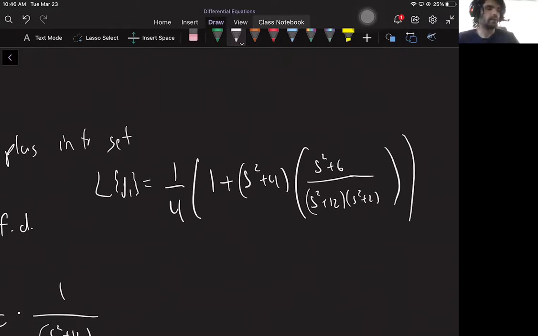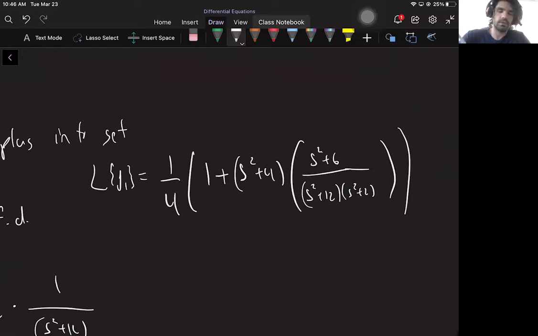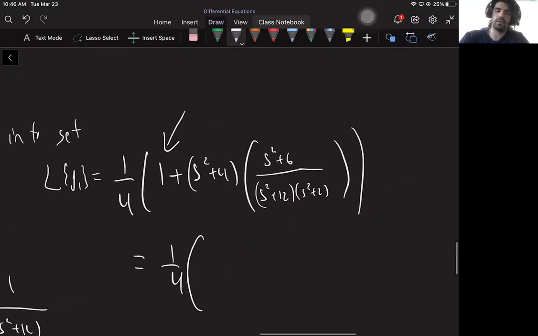Okay. And same process. I just got to simplify it and then find the Laplace transform. So let's just keep that 1/4 out there. Let's turn this 1 into s squared plus 12 times s squared plus 2 over itself so that we can combine into one big denominator.